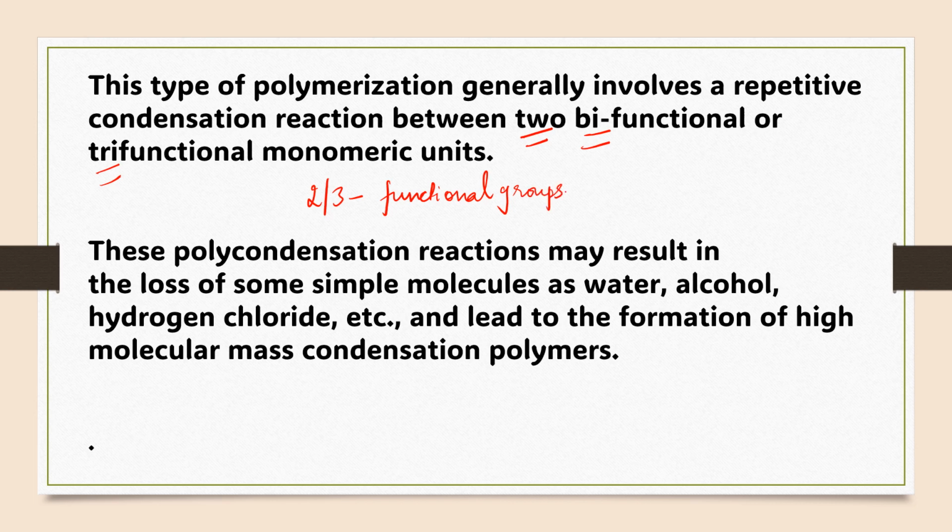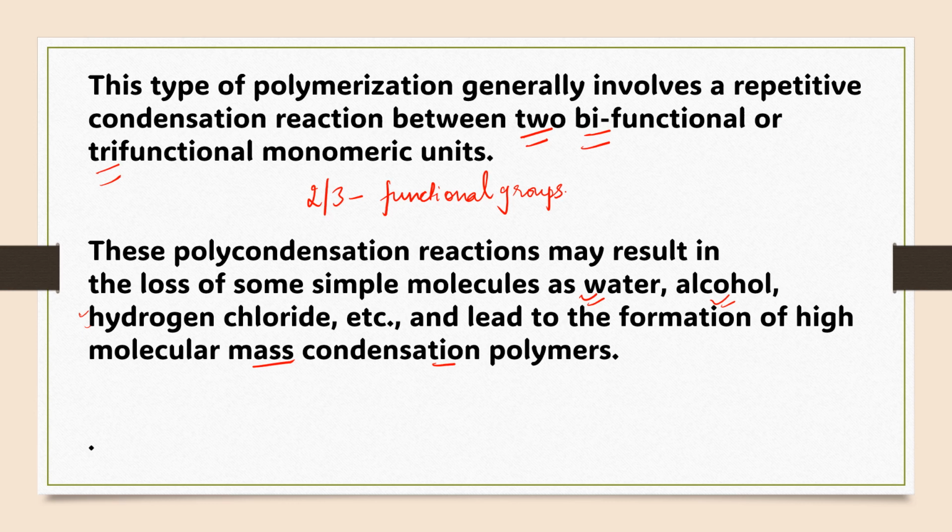This is the first condition. Second, these condensation reactions result in the loss of some simple molecules, for example water, alcohol, hydrogen chloride, and lead to the formation of high molecular mass condensation polymers. These are the two important things about condensation polymers.